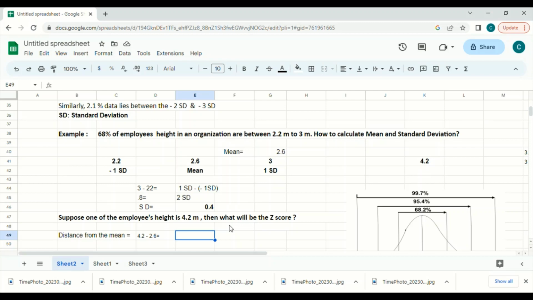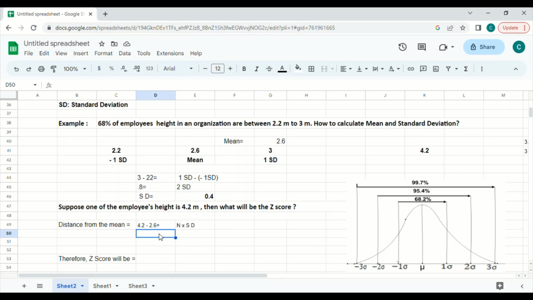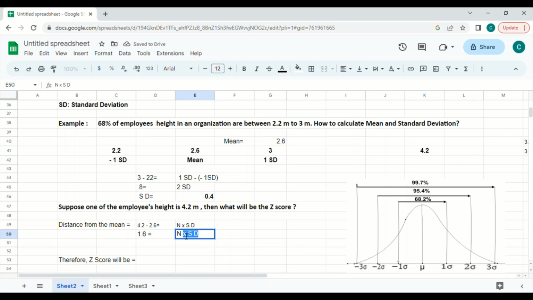Therefore, n into standard deviation. If we calculate 4.2 minus 2.6 meter, we'll get 1.6 meter, which will be equal to n into standard deviation.